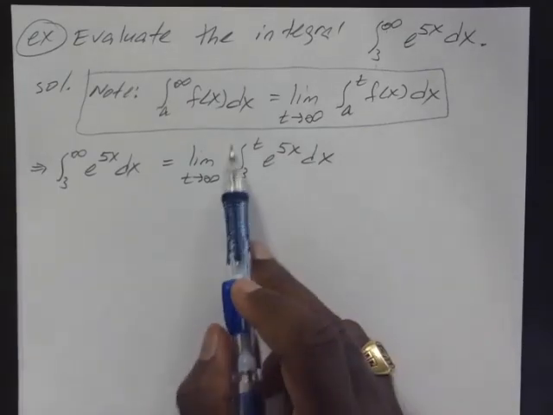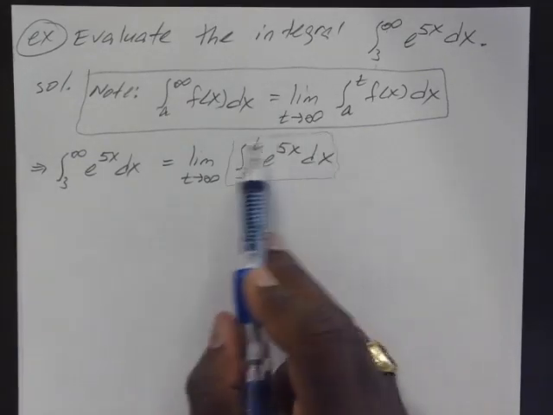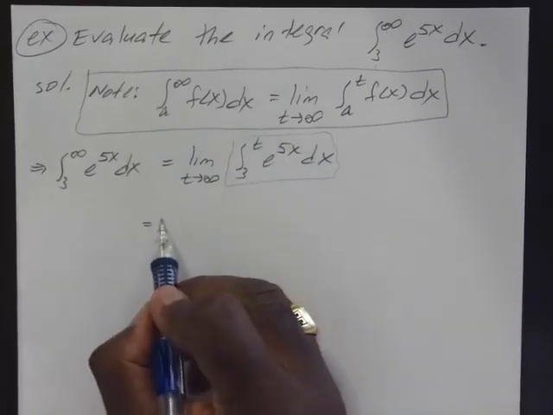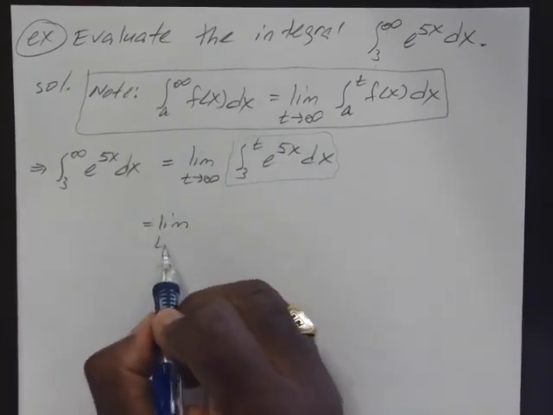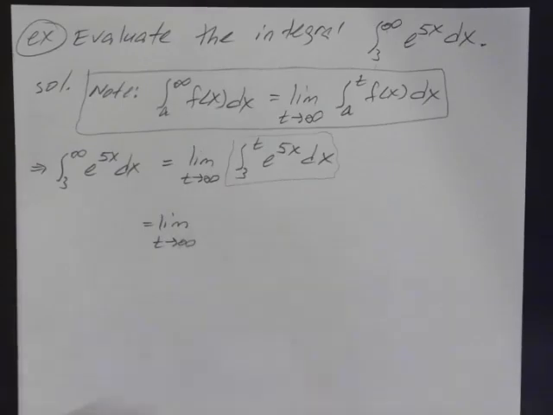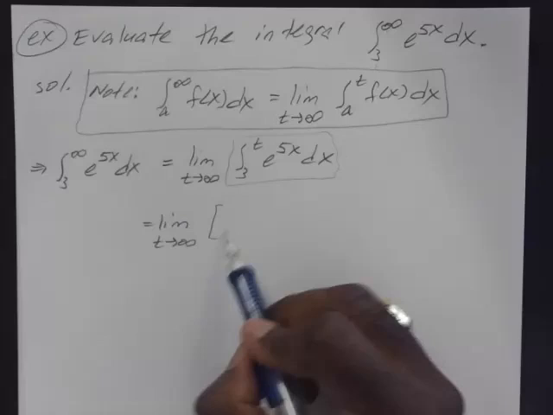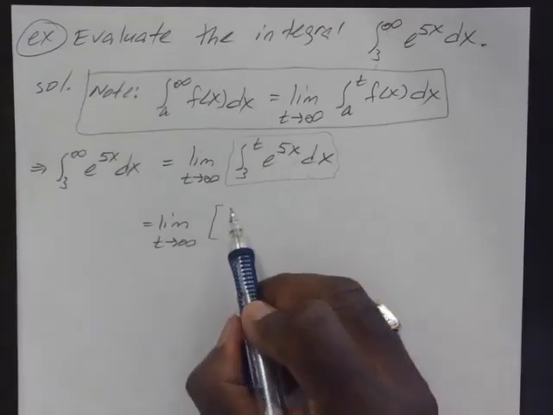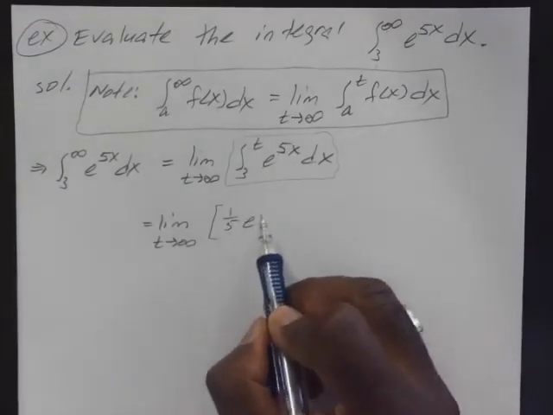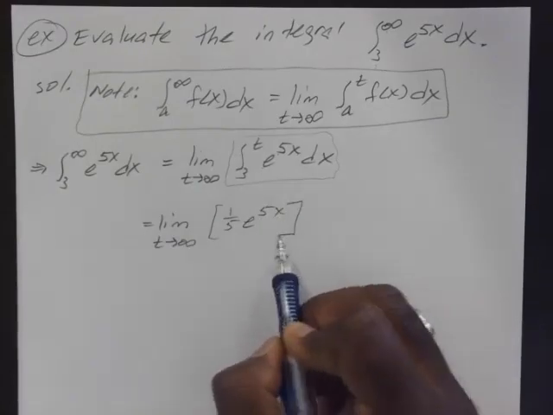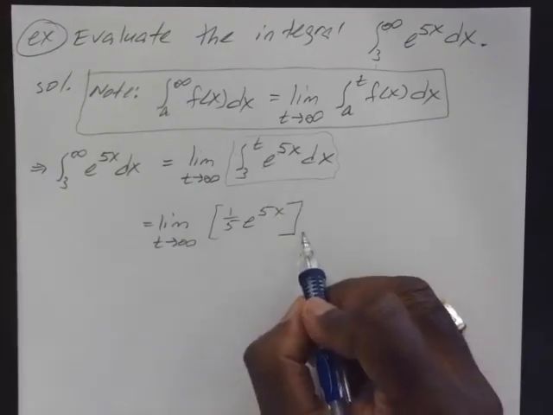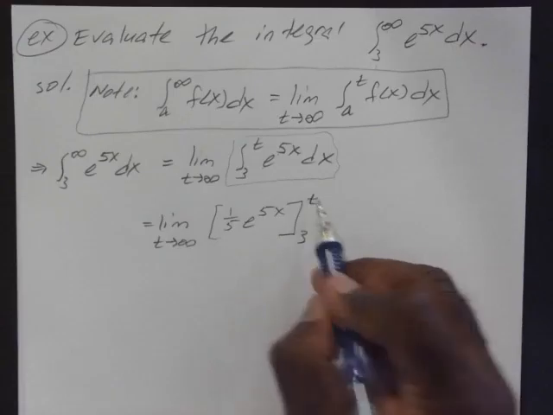Okay, so now we can go ahead and integrate this part. So that's the limit as t approaches infinity of the integral of e to the power of 5x, which is 1 over 5 times e to the power of 5x, from x equals 3 to t.